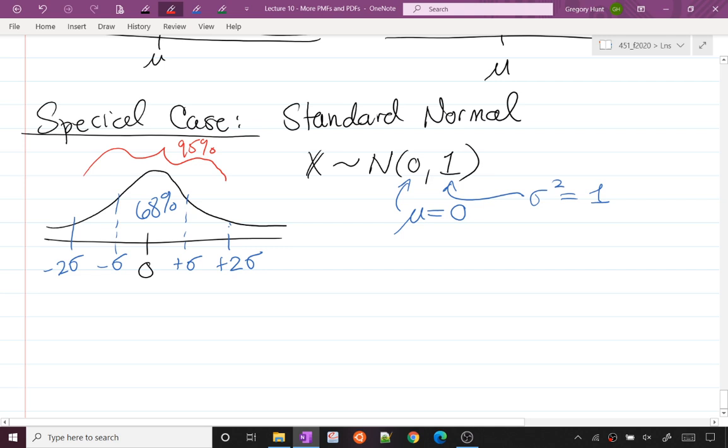So if you say, okay, x has a standard normal, what's the probability that x ends up between plus or minus 1 sigma? It's about 68%. What's the probability of being between plus or minus 2 sigma? That's about 95%. This harkens back in the intro stats course to why, if you want a 95% confidence interval, you typically see a plus or minus 2 sigma.